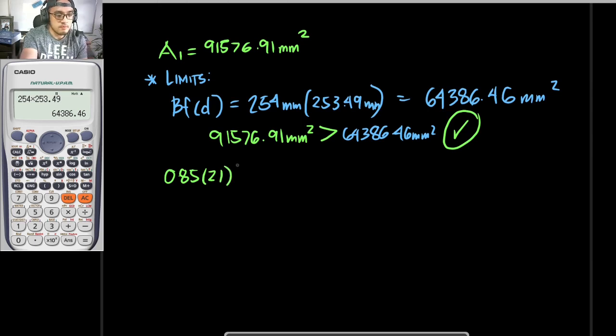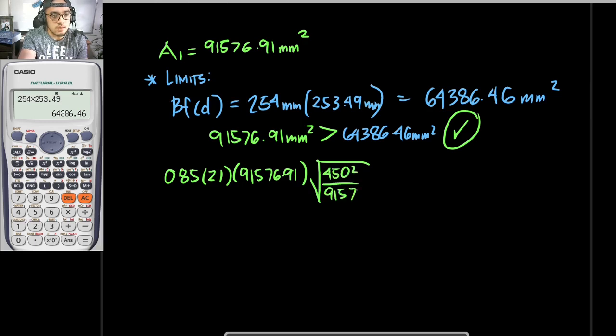21 times area 1. So, area 1 natin is 91576.91 times the square root of 450 squared divided by 91576.91.